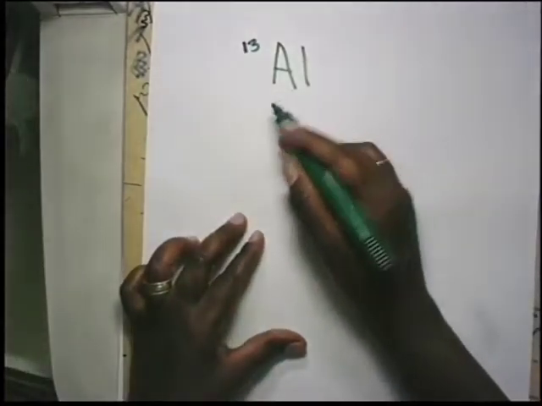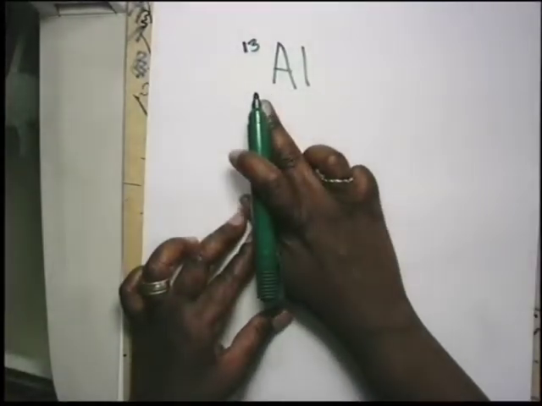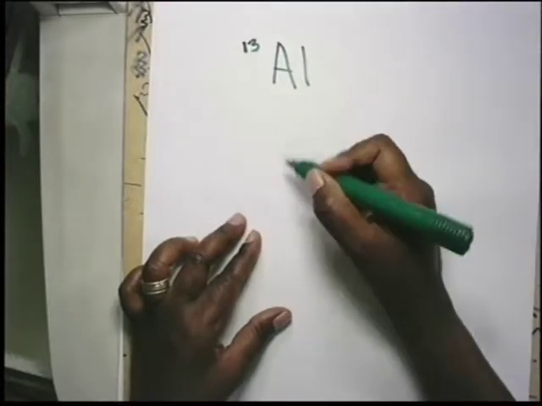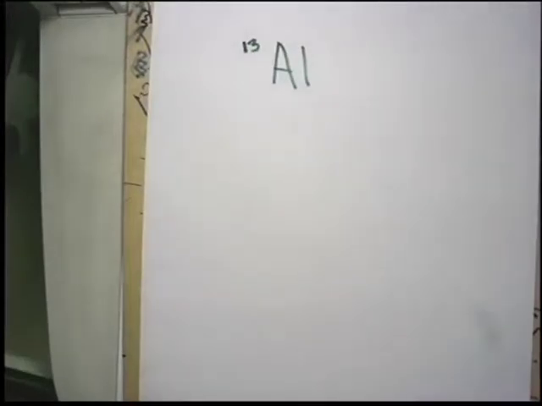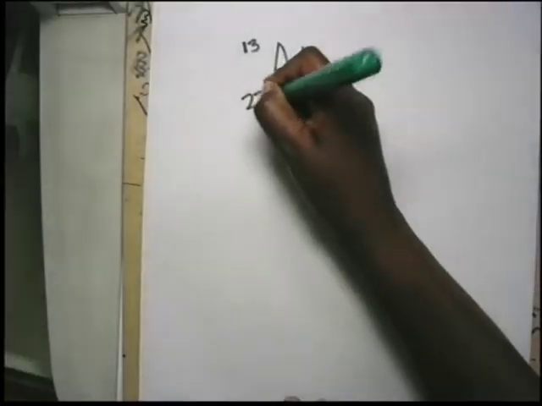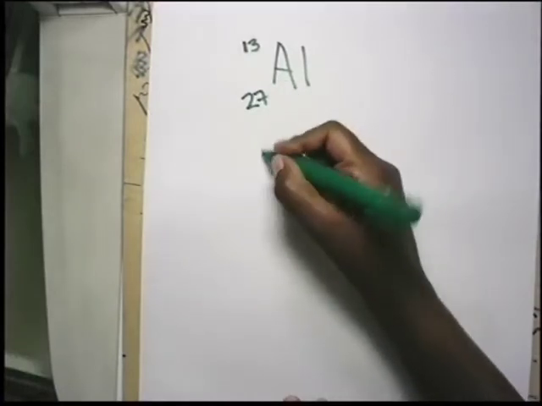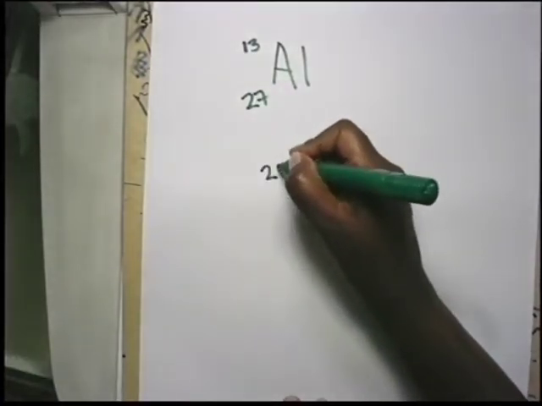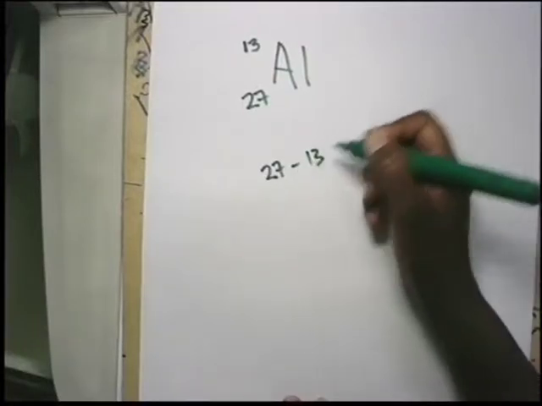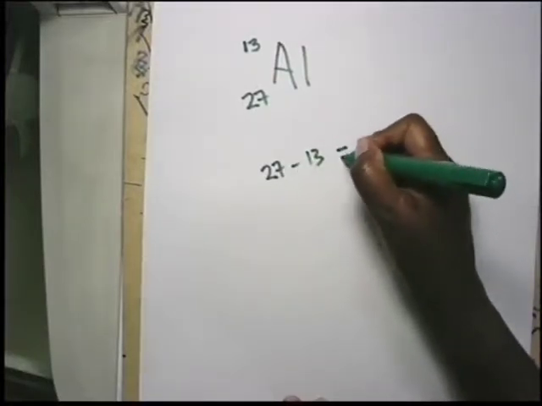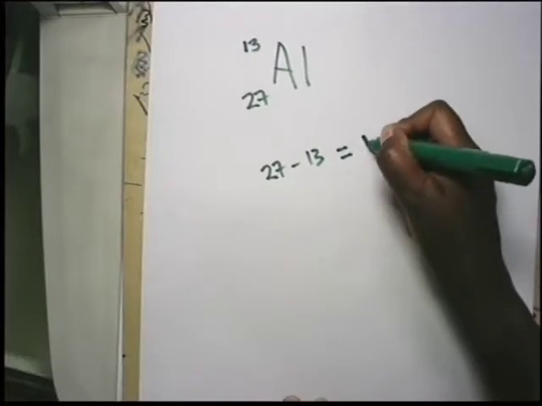So now we work out from here. 13 is the number of electrons, and then we go to here. It has 27. Now if we subtract 13, 27 minus 13, it gives us what?